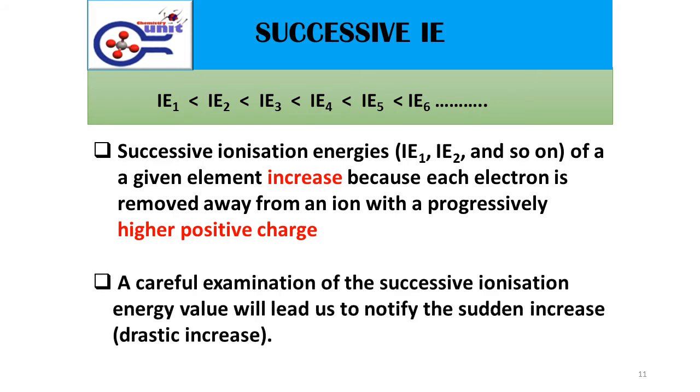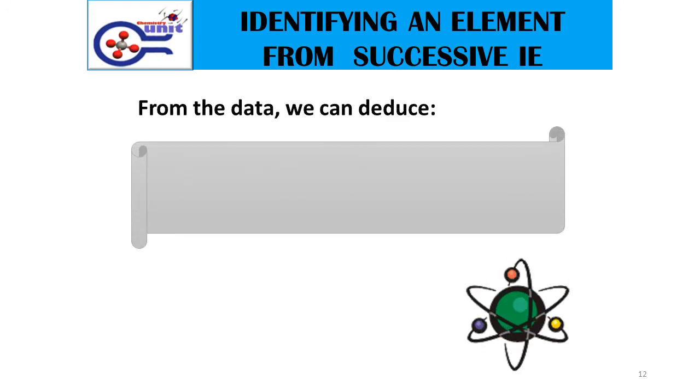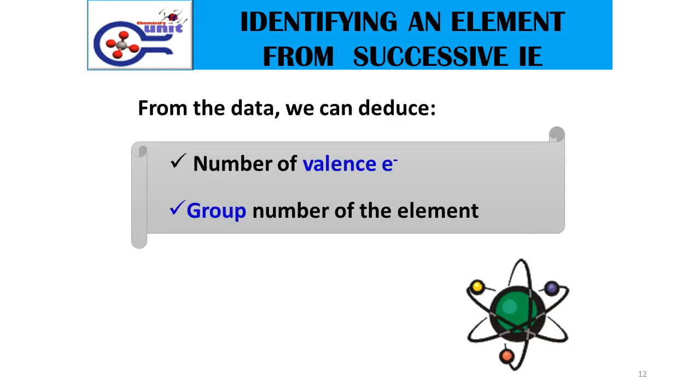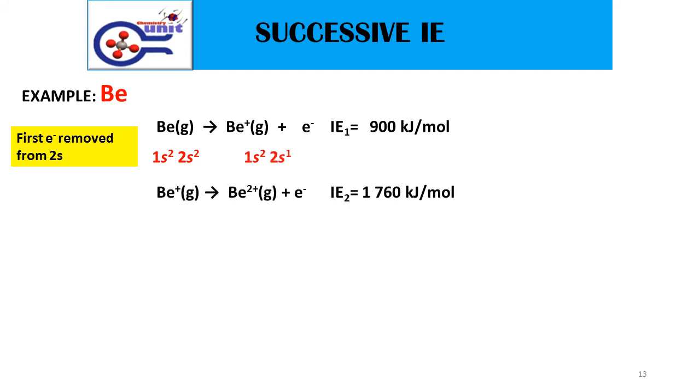A careful examination of the successive ionization energy values will lead us to notice a sudden, drastic increase. From the ionization energy data of an element, we can deduce the number of valence electrons and group number of the element. Example: successive ionization of beryllium. First electron removed from 2s with IE1 equals 900 kJ per mole. Second electron removed from 2s with IE2 equals 1760 kJ per mole.